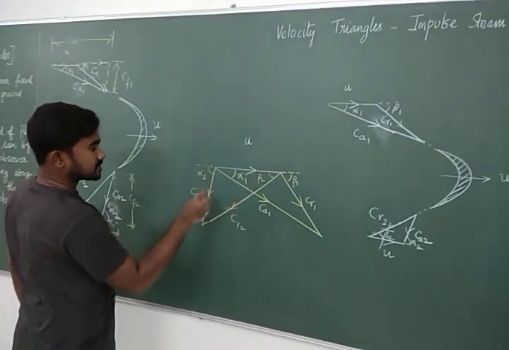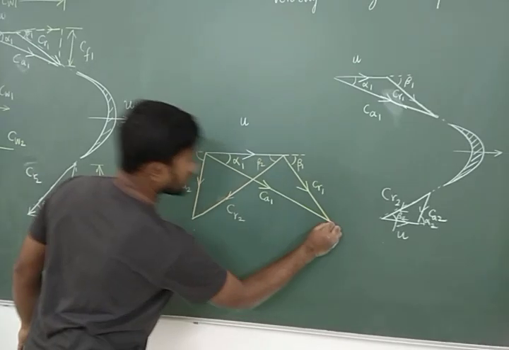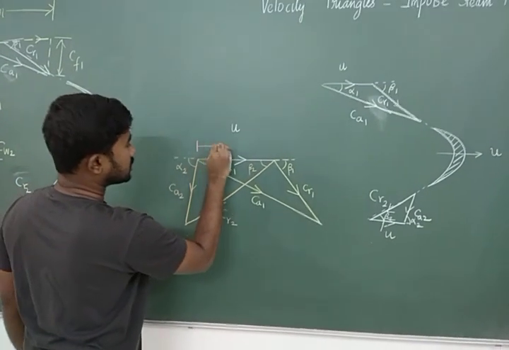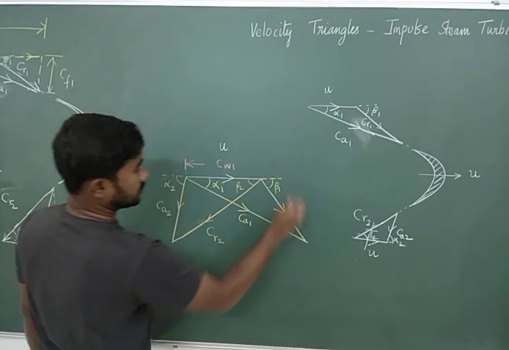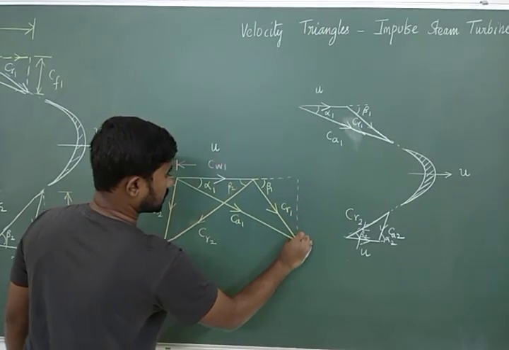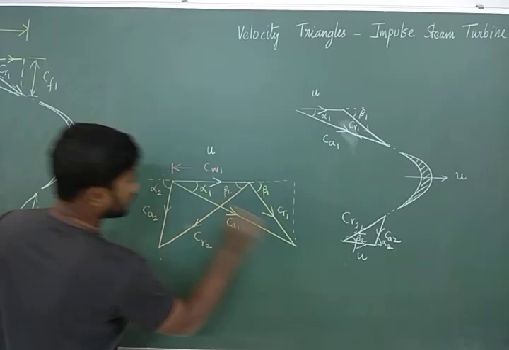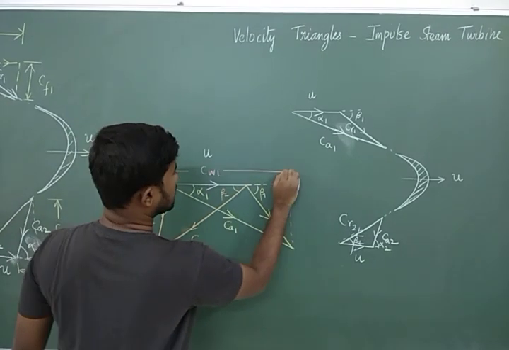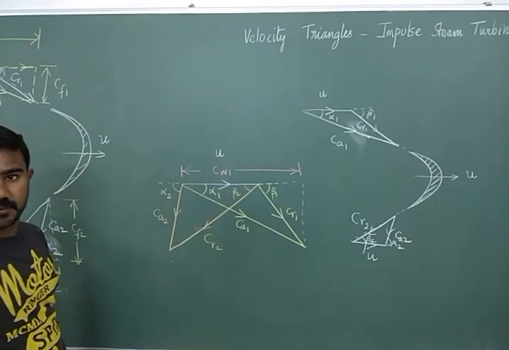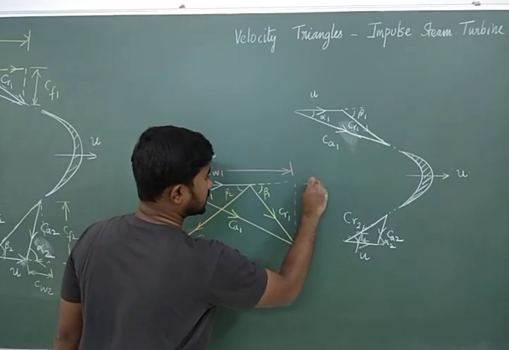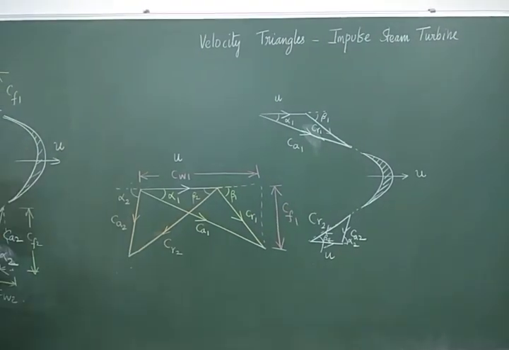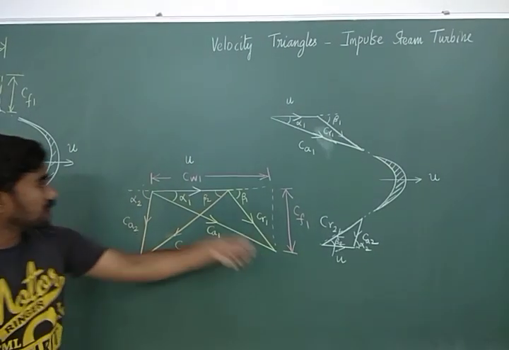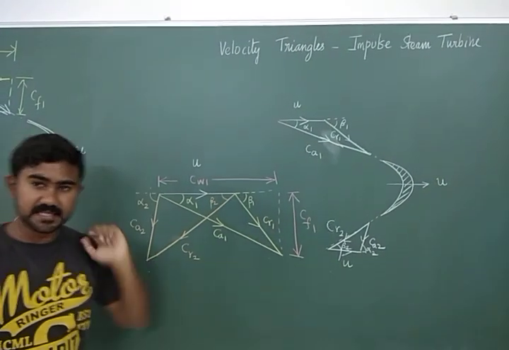See, this is CA1, its horizontal component, we call it CW1. For this whole vector, the total horizontal component, I call it CW1 and the vertical component is going to be called CF1. Okay, so we have resolved CA1 into CW1 and CF1.